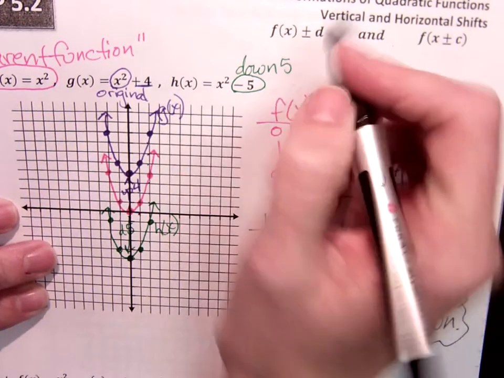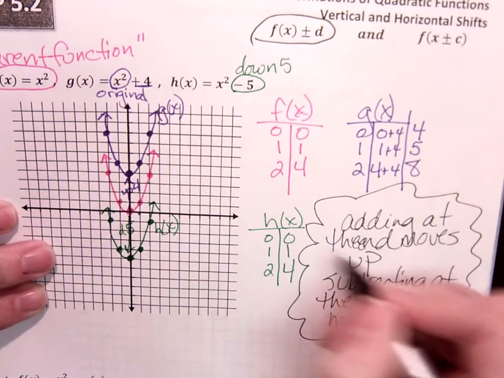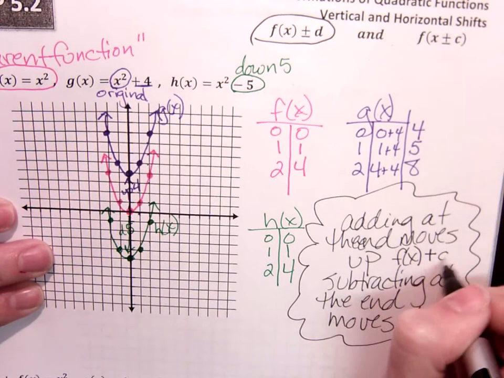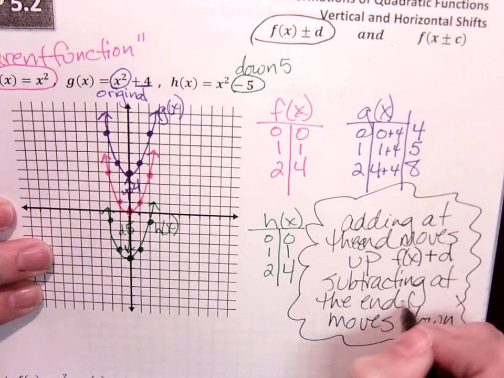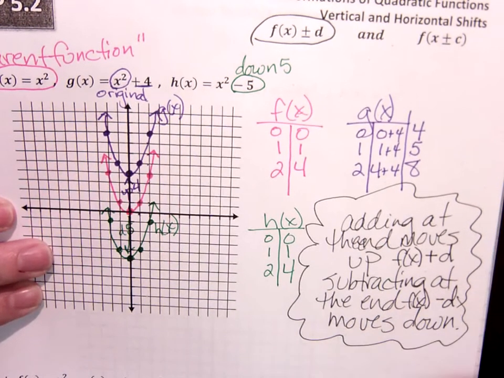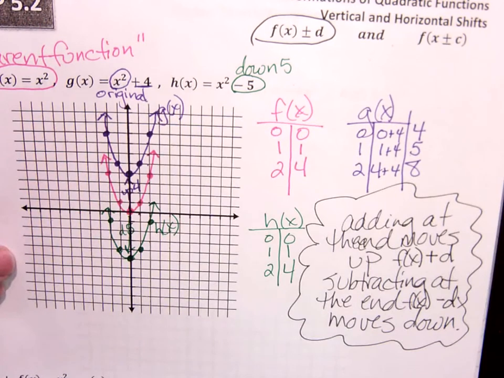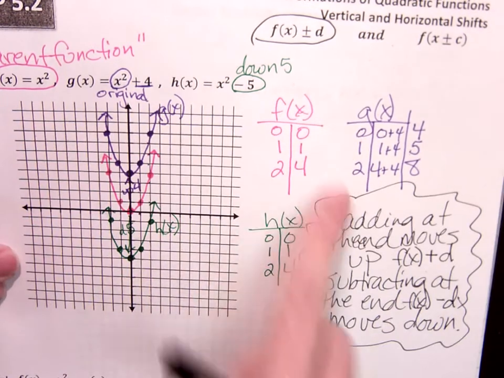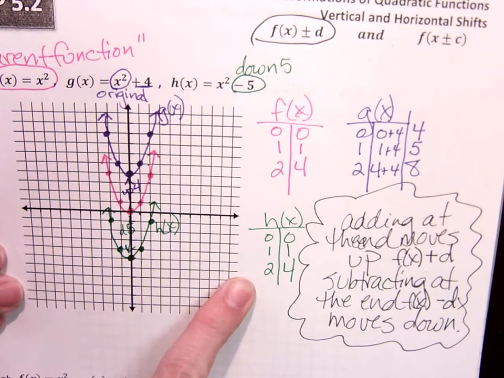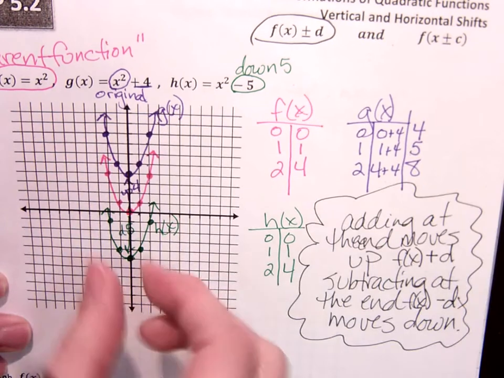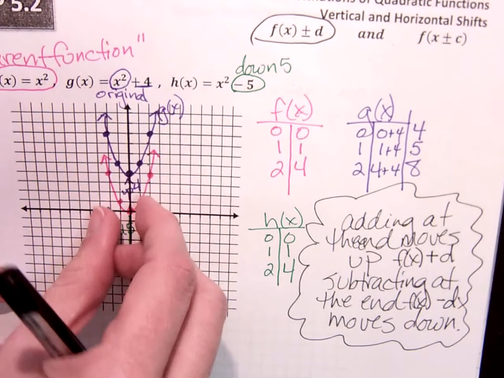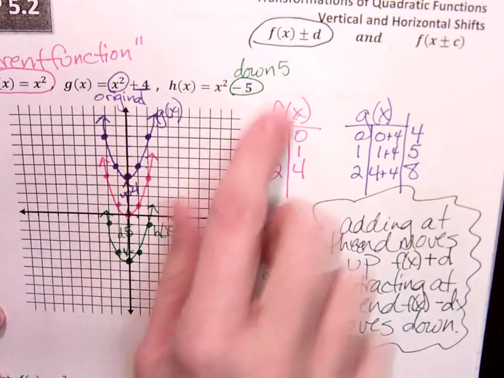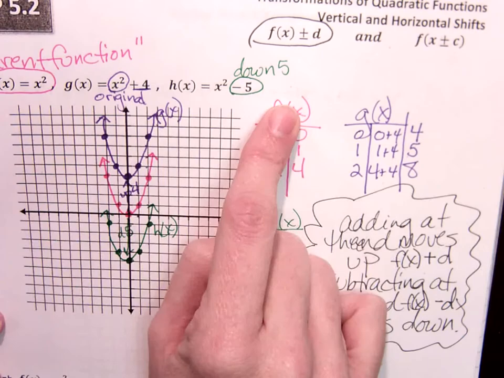And so that's all this describes right here. Adding at the end moves up, that's f of x plus d. Subtracting at the end, f of x minus d. Okay. The basic shape, the point relationship, we've still got our original relationship. None of that changed. I'm just picking up my graph and physically moving it straight up or straight down. Okay. The outside ones are exactly what they say.